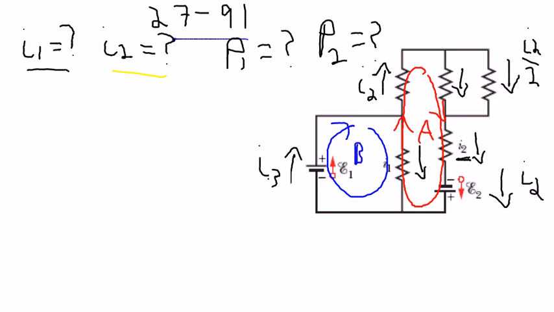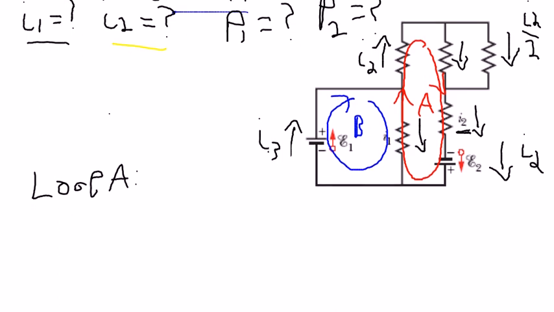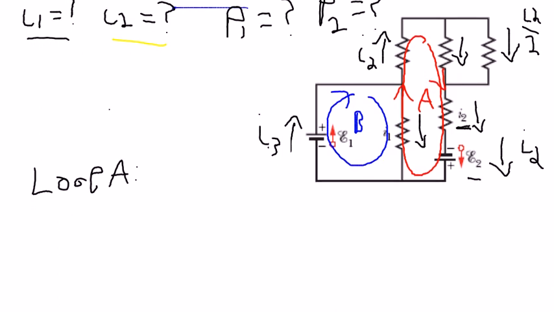You're going to want to use each of those two to set up your Kirchhoff's rules. Doing the loop rule for loop A, if we start down here at EMF2, we have E2 as a positive value.